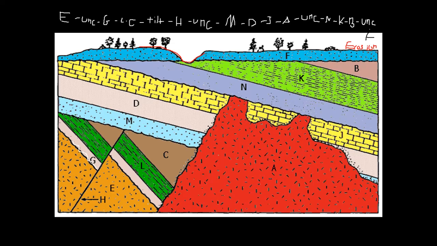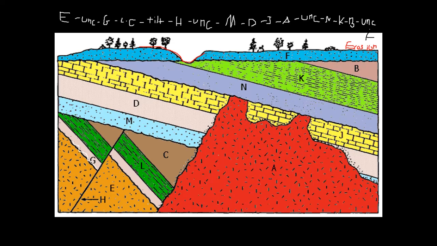Next one would be an actual unconformity, which I would just put down as U and C, unconformity, because there is a slight wavy line in between E and G. Then next would be layer G, followed by L, then C.